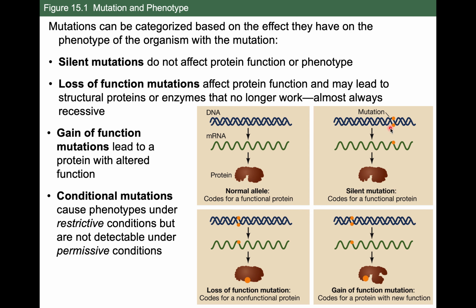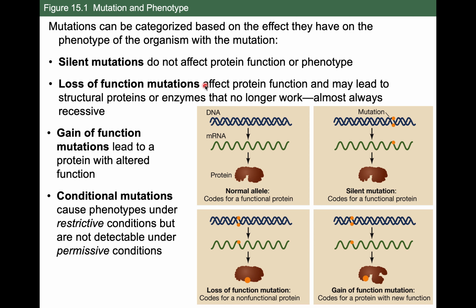Here we have a mutation, but this is a silent mutation because even though we've changed something in the DNA, and that change does get copied into the messenger RNA during transcription, when we went through translation, that change is not really affecting the protein in any functional way. So this enzyme is still perfectly capable of carrying out whatever reaction it needs to catalyze.